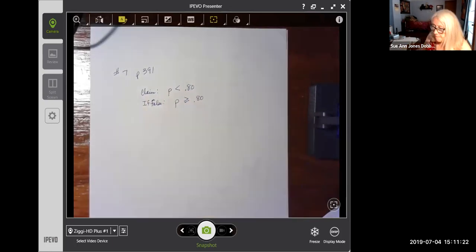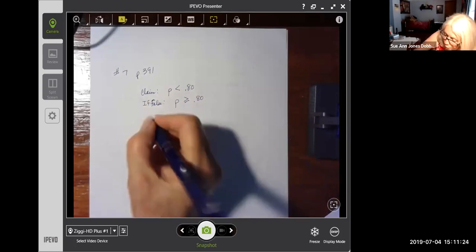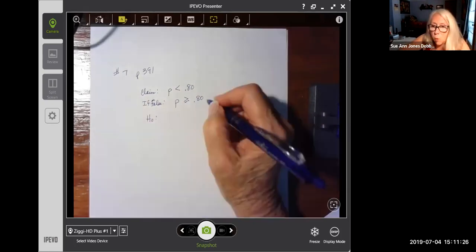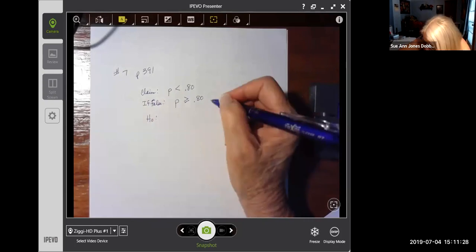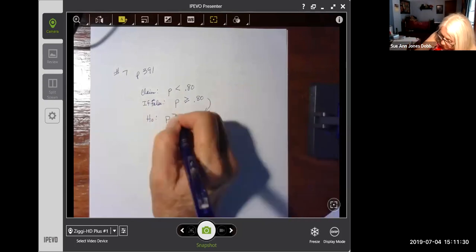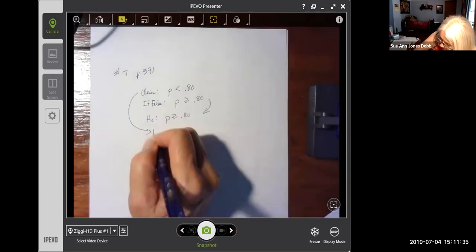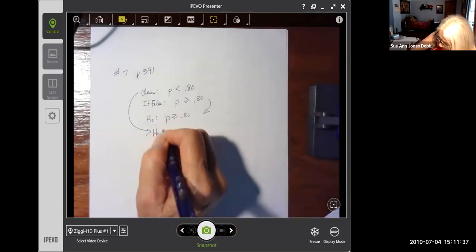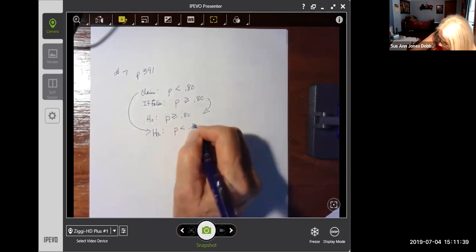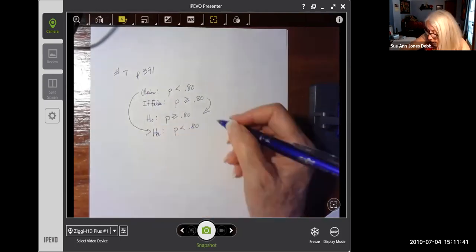So the null hypothesis is the one that contains equal, so that's the if false statement. And the claim becomes the alternative hypothesis. But this is also a left-tailed test.